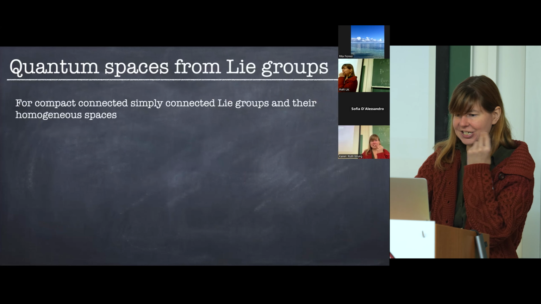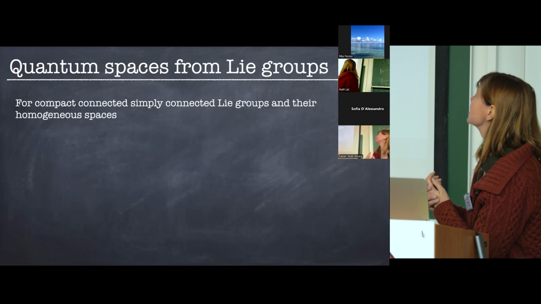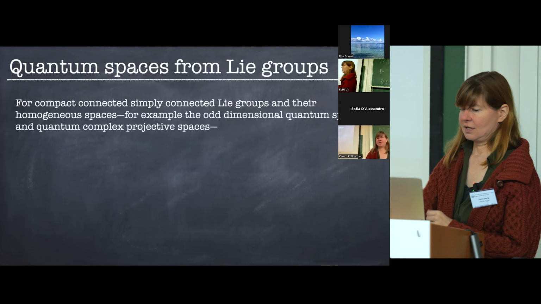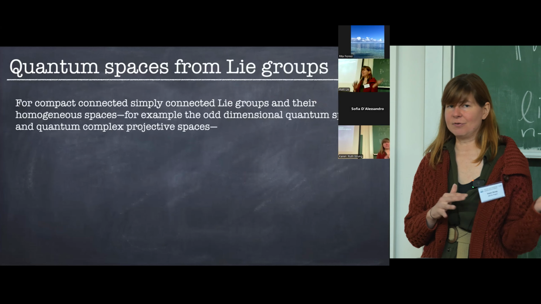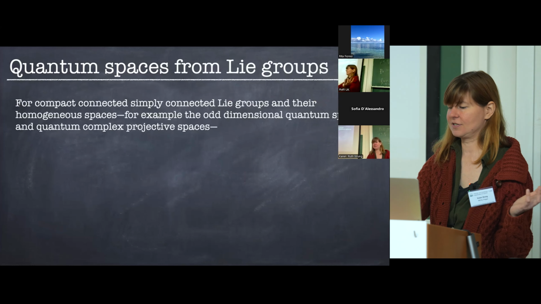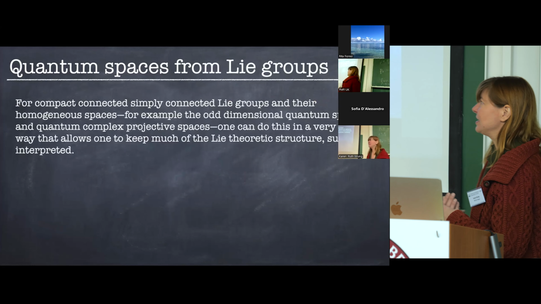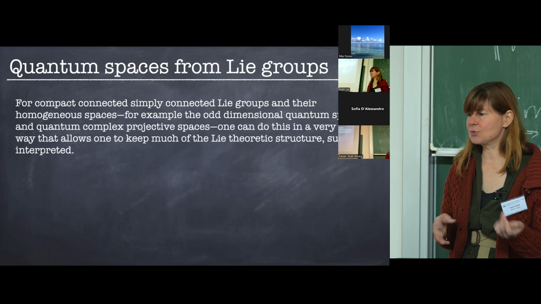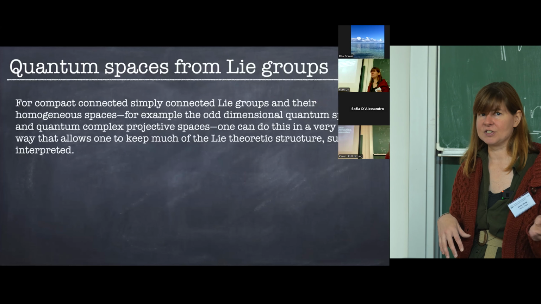Now, compact connected, simply connected Lie groups and their homogeneous spaces, for example, things we've seen before, the odd-dimensional quantum spheres and the quantum complex projective spaces. One can do this in a very precise way that really allows one to keep the Lie theoretic flavor of these objects.